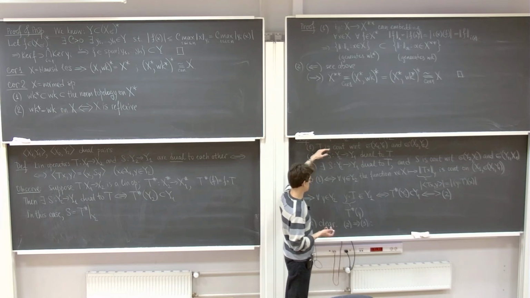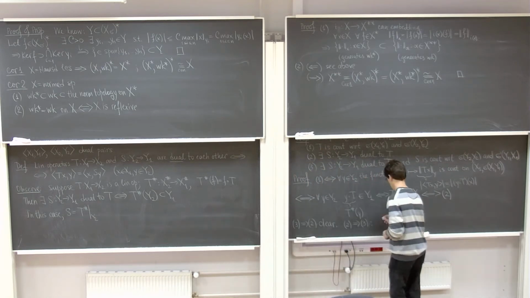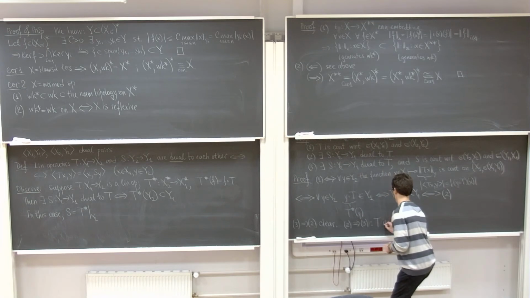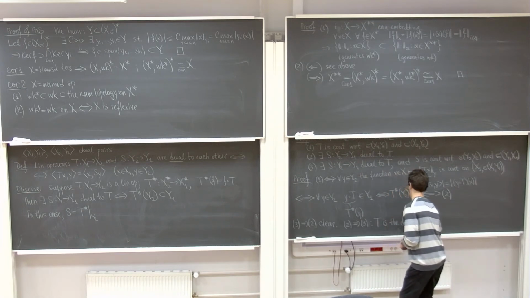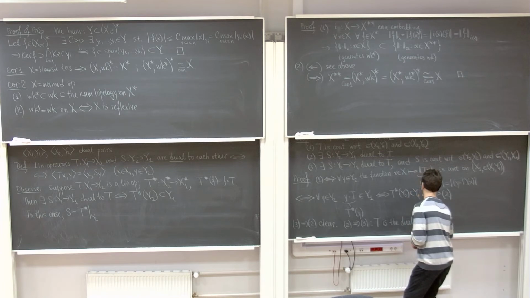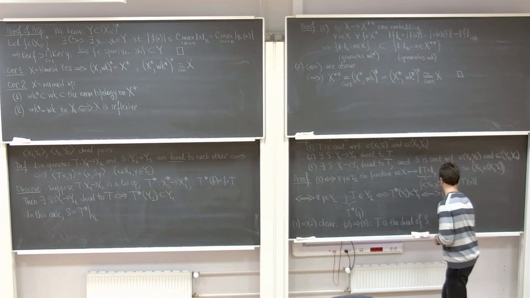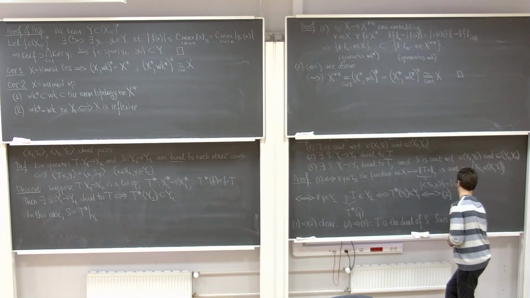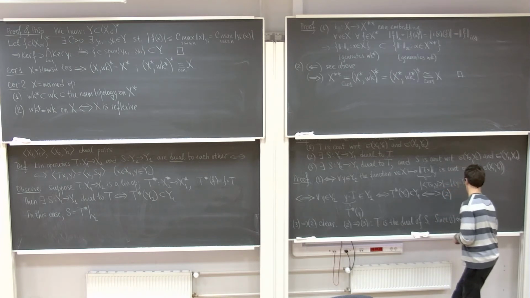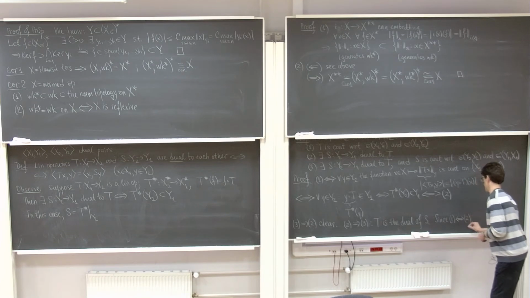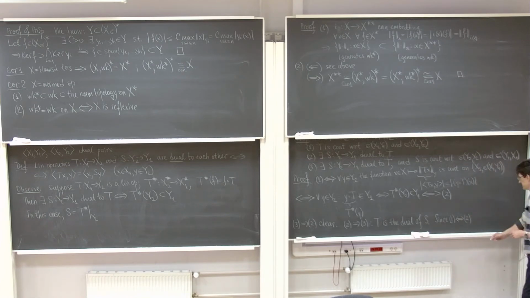But we already know that 1 and 2 are equivalent. So we simply apply the equivalence between 1 and 2 to the operator S. Since T is the dual of S, we conclude that S should be continuous for the weak topologies.